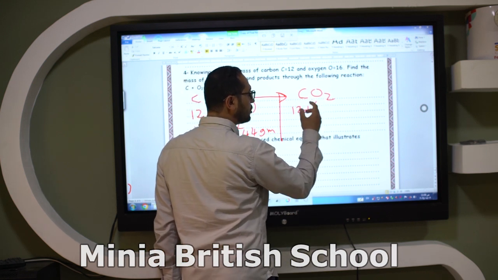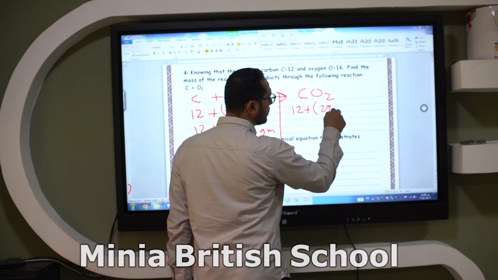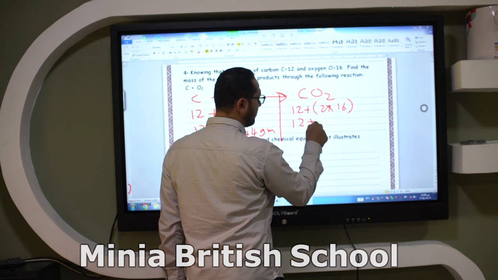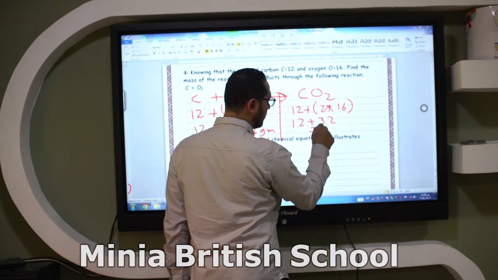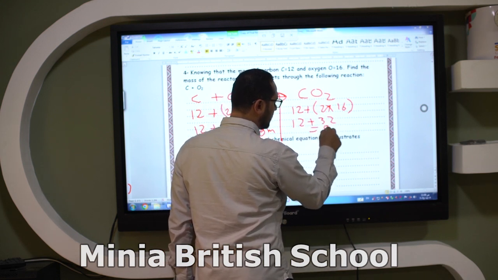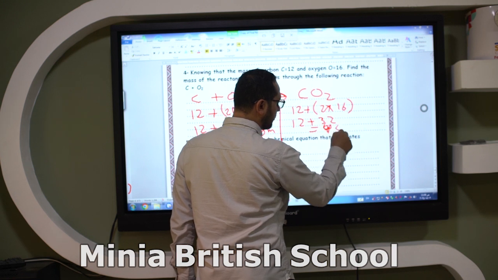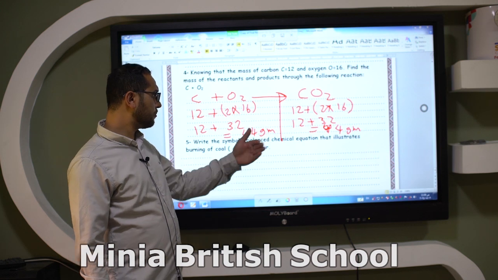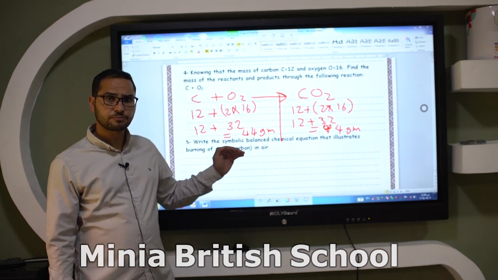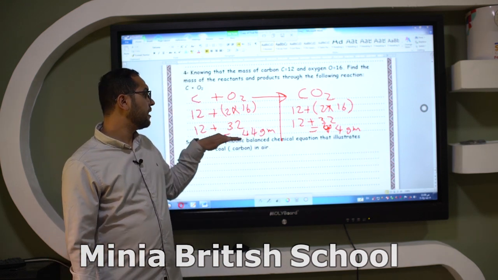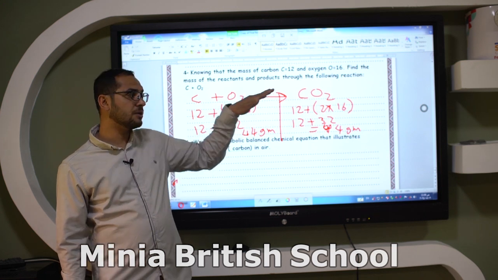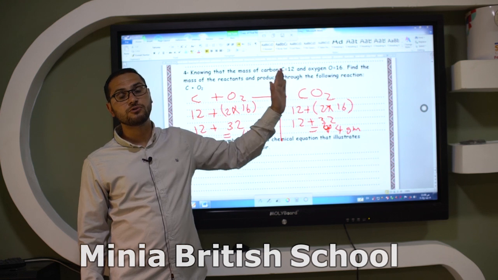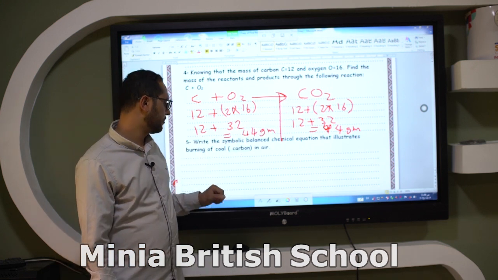We have 2 oxygens here. 2 times 16. 12 plus 32 equals 44 gram. Okay, so we conclude from this reaction the mass of reactants equals the mass of products. So this equation achieves the law of conservation of matter.